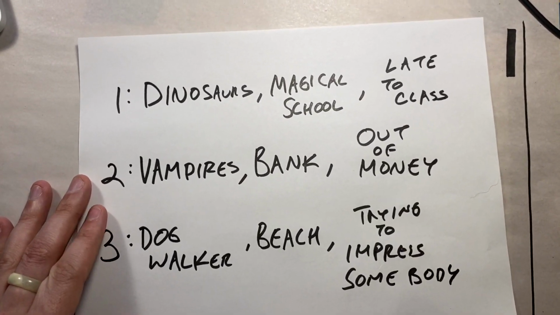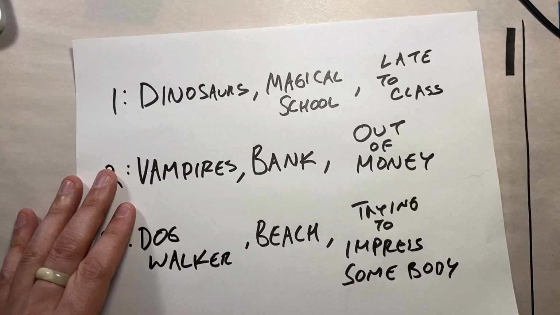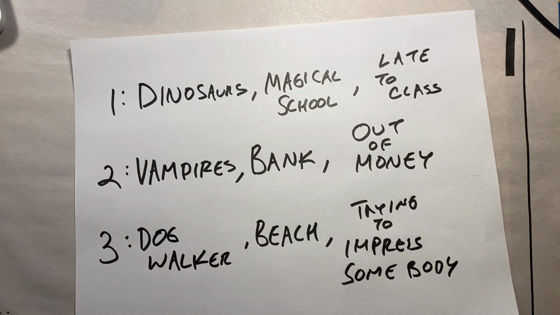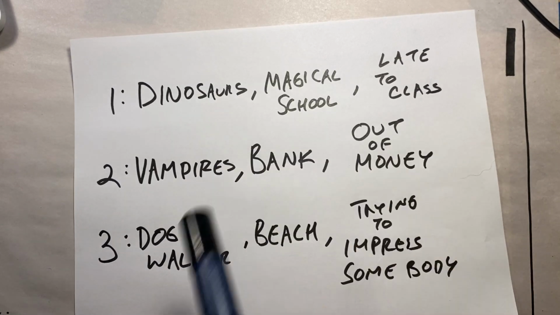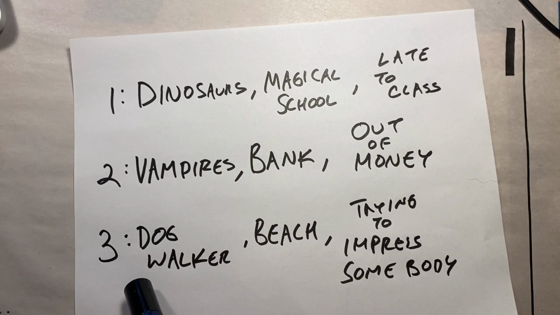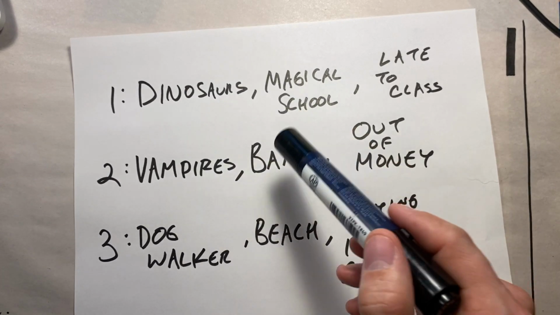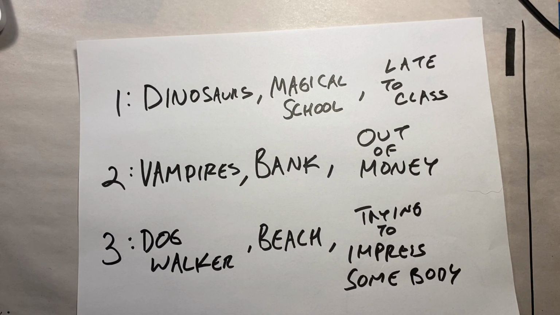Now, we have our characters, we have our settings, and we have our scenarios. Feel free to use any of these, whether you just want to grab dinosaurs and make up your own, whether you want to have it be the bank, somebody's out of money, you could come up with whatever characters you want, or you could just go ahead and grab any of these 3 and mix and match them together. You can do dinosaurs at the bank trying to impress somebody if you wanted to.